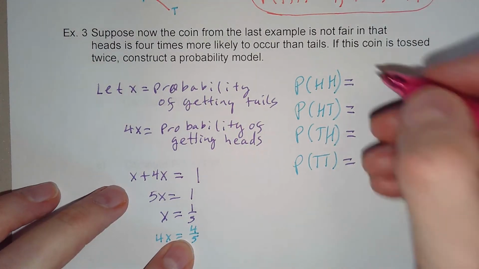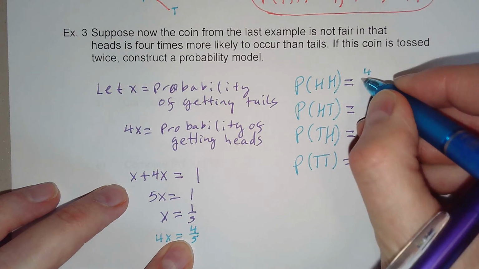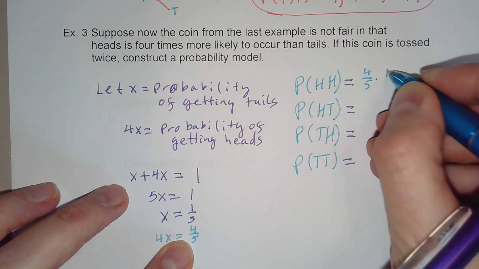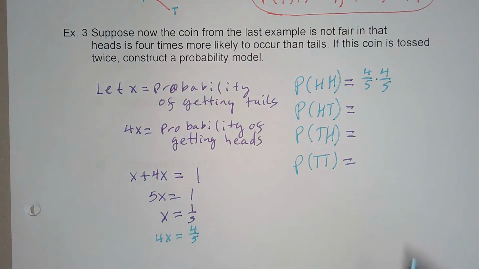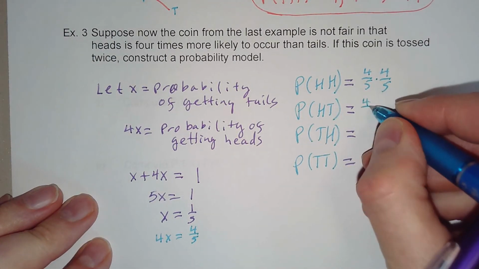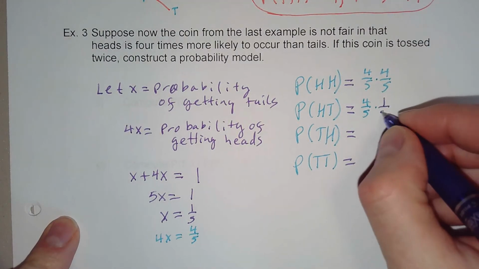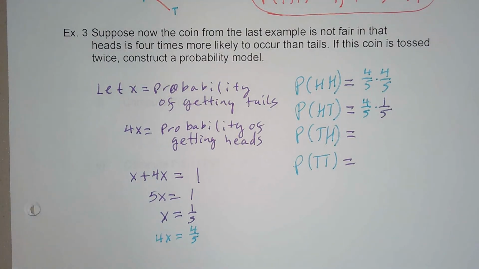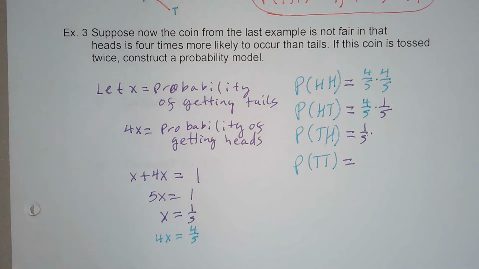So getting two heads would be 4/5 times 4/5. 4/5 for the first flip of the coin, 4/5 for the second flip of the coin. For heads then tails, it would be 4/5 times 1/5. For tail then a heads, that would be 1/5 times 4/5.